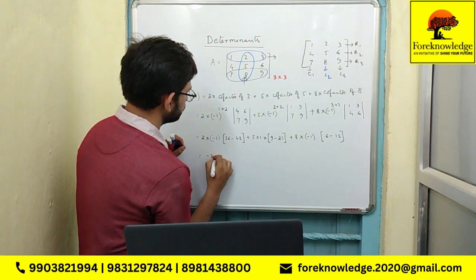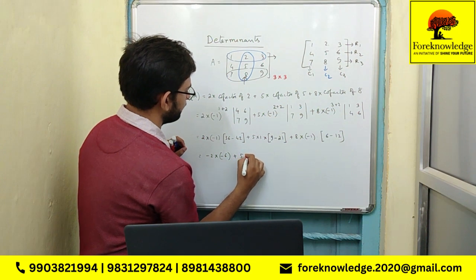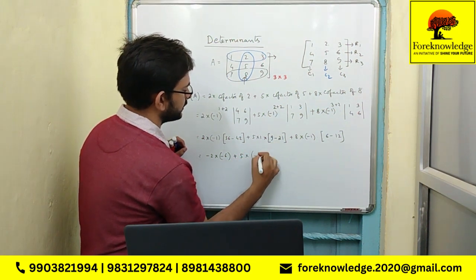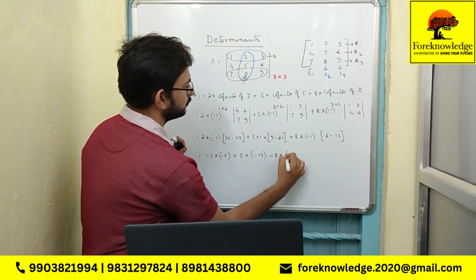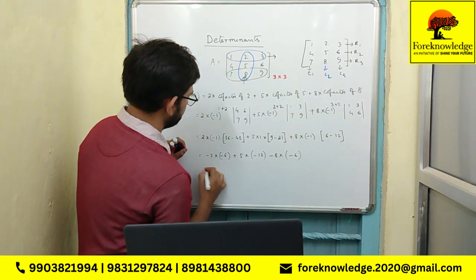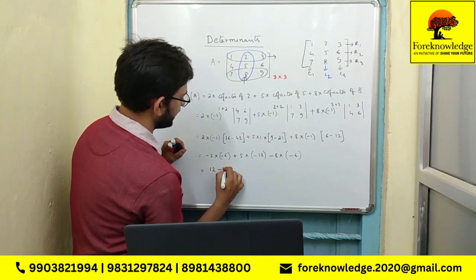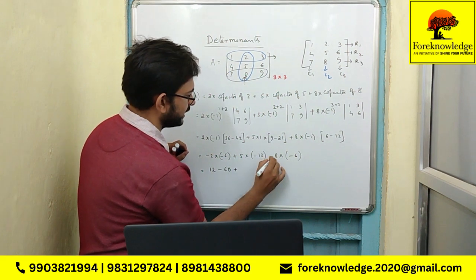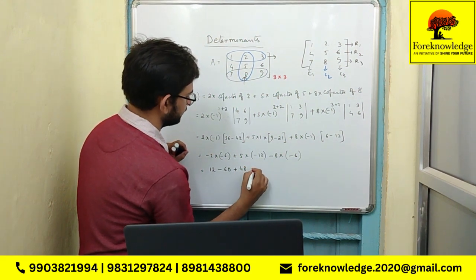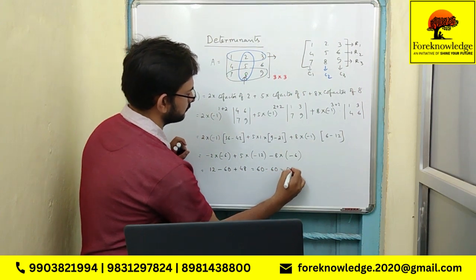So minus 2 into minus 6 plus 5 into minus 12 minus 8 into minus 6. So minus 2 into minus 6 that is 12, minus 5 into minus 12, minus 60, plus minus 8 into minus 6, 48. So 12 plus 48, 60, minus 60, that is 0.